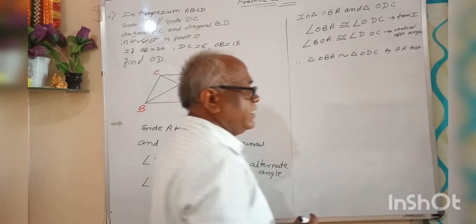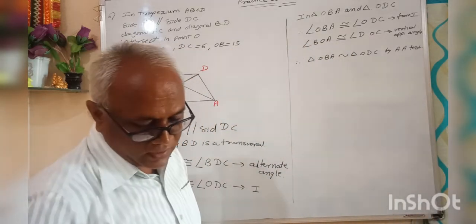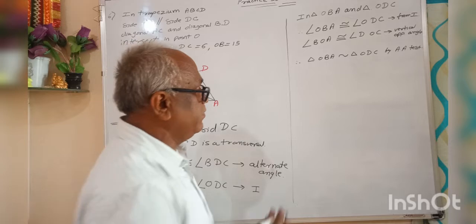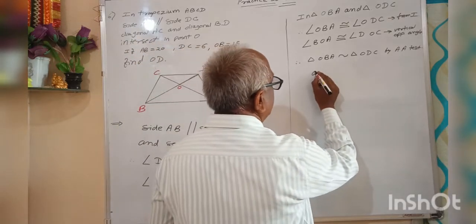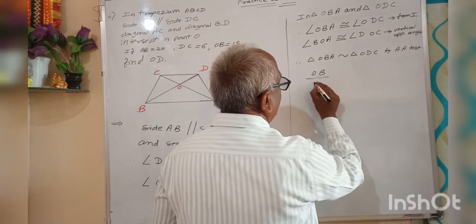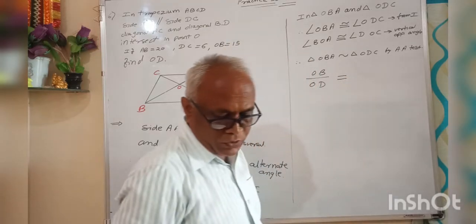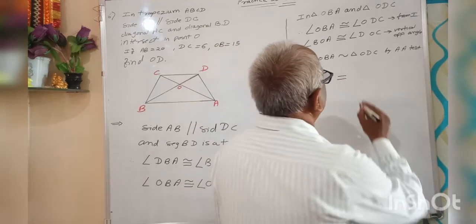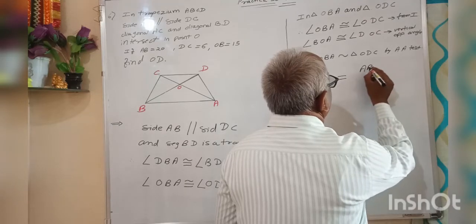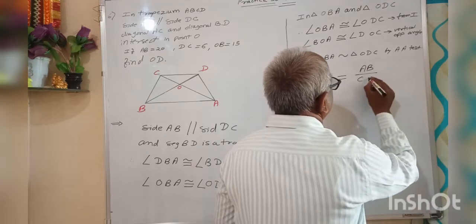If the two triangles are similar, then their sides are in proportion, that is OB upon OD is equal to AB upon CD.